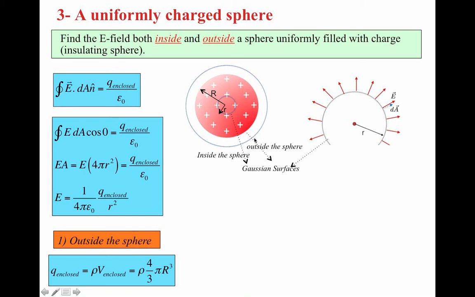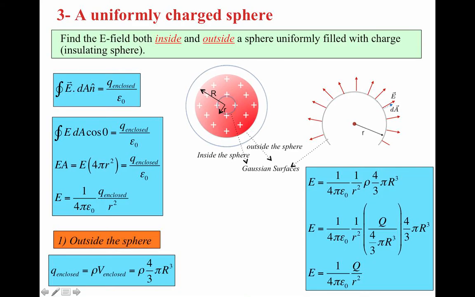Outside the sphere, I'm dealing with this Gaussian surface, and Q enclosed is simply rho V enclosed, and V in this case is the total volume, which is 4/3 pi r cubed. If I put that into my formula, this is my Q enclosed, and again I put rho, which is Q over 4 pi thirds.